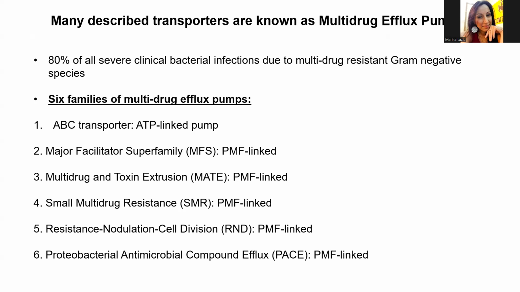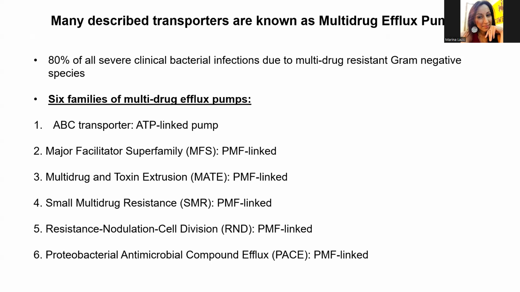These are proton motive force linked, or you have MATE, which is also PMF linked. So you do need to know which type of energy is driving it. You need to know that ABC is ATP linked, but it's enough to know the abbreviations. MATE is PMF linked. And the small multidrug resistance, or SMR, is PMF linked.